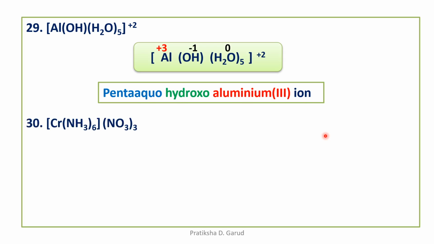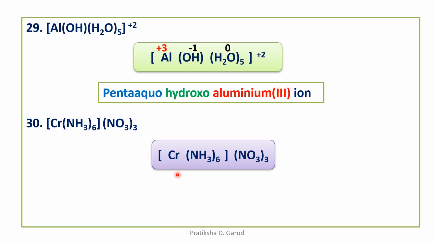Next one is the [Cr(NH3)6](NO3)3. In this complex or coordination compound, chromium is the central metal, NH3 is the neutral ligand, therefore charge is 0, and outside the square bracket we are having the NO3 which is negative, therefore having the charge minus 1.